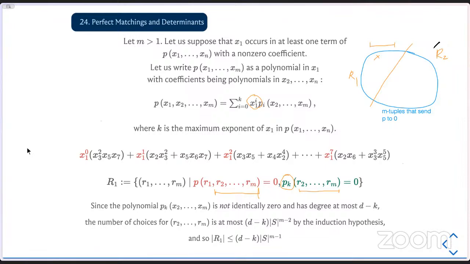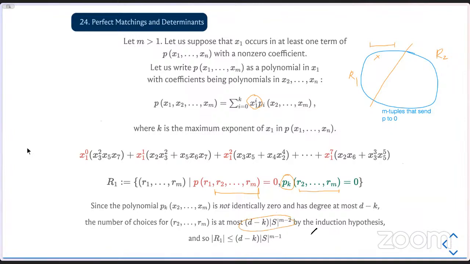Okay, nice. So now in terms of counting things in R1, we're basically saying, well, how many things can send pk to 0? pk is a lower degree polynomial in fewer variables. So the number of places where it goes to 0 is bounded by whatever we get by plugging in the induction hypothesis, right?